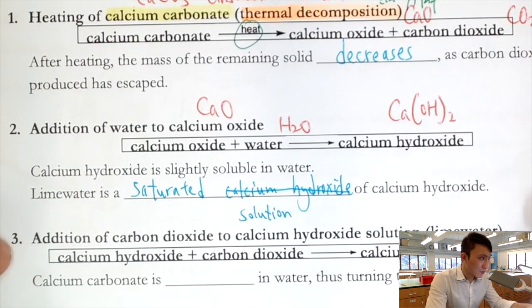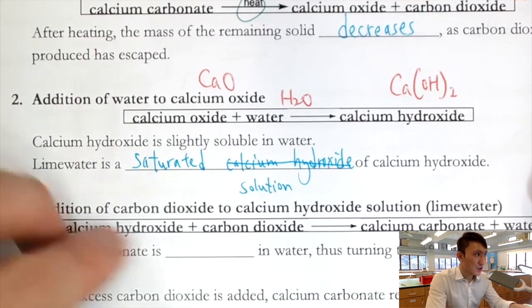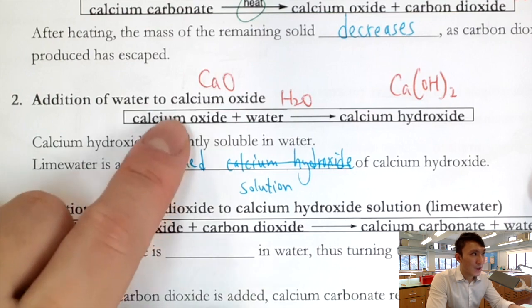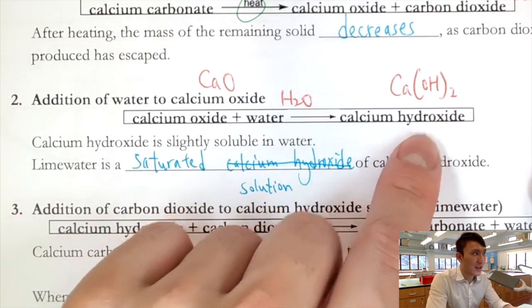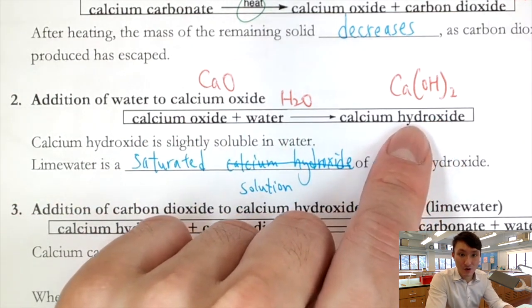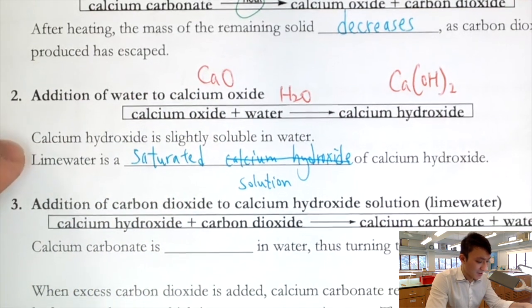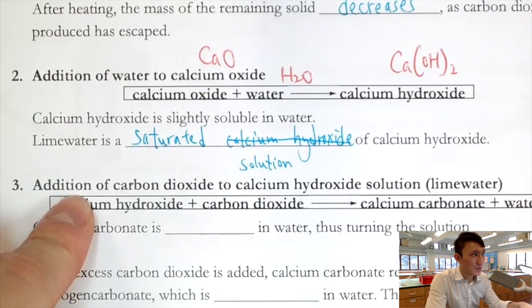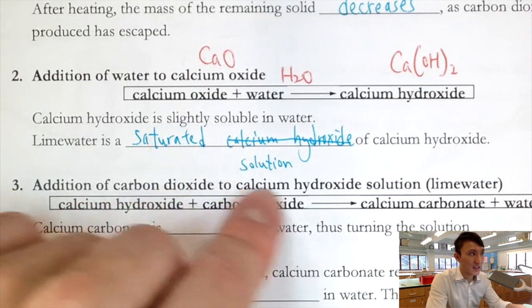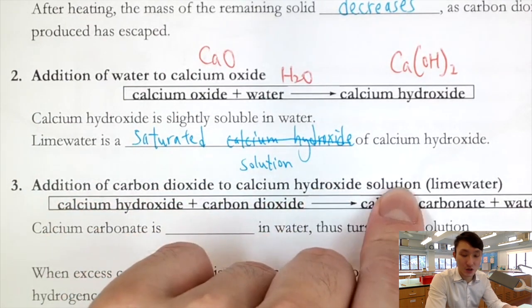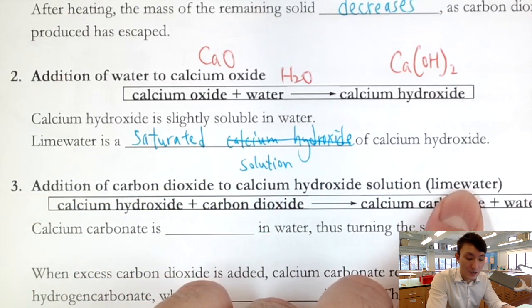Now, the third reaction. Right now, when you add water, we have calcium hydroxide, and with this calcium hydroxide, we can prepare lime water. Now here, the third reaction is we try to introduce carbon dioxide into calcium hydroxide solution, which is basically the lime water.